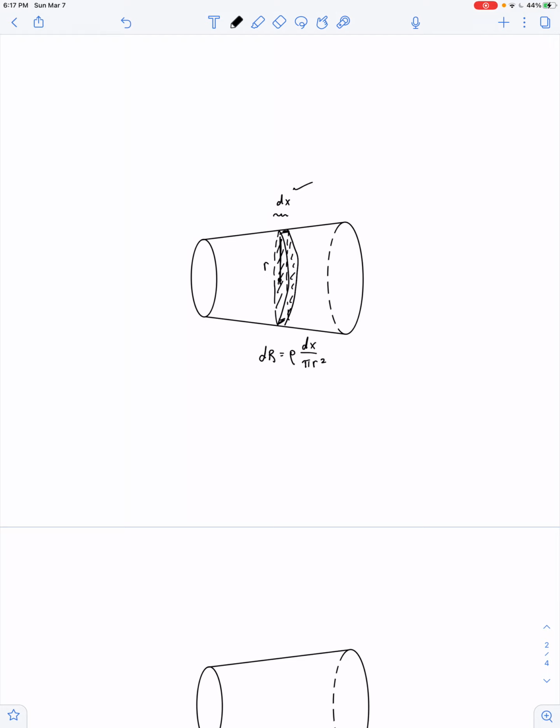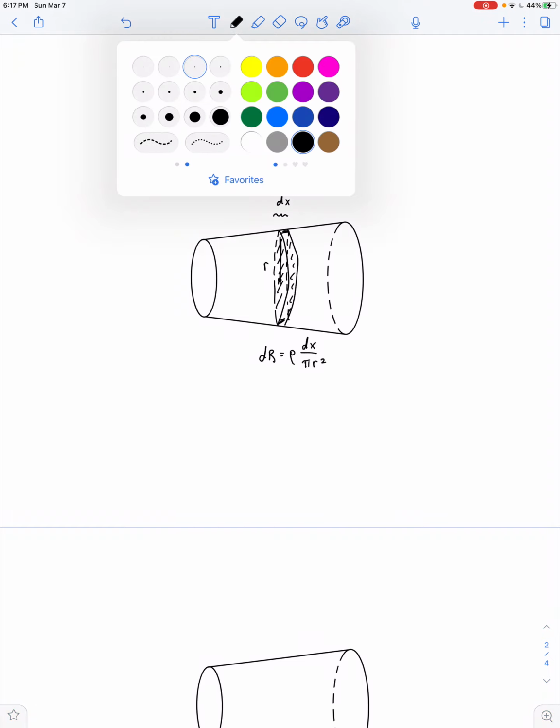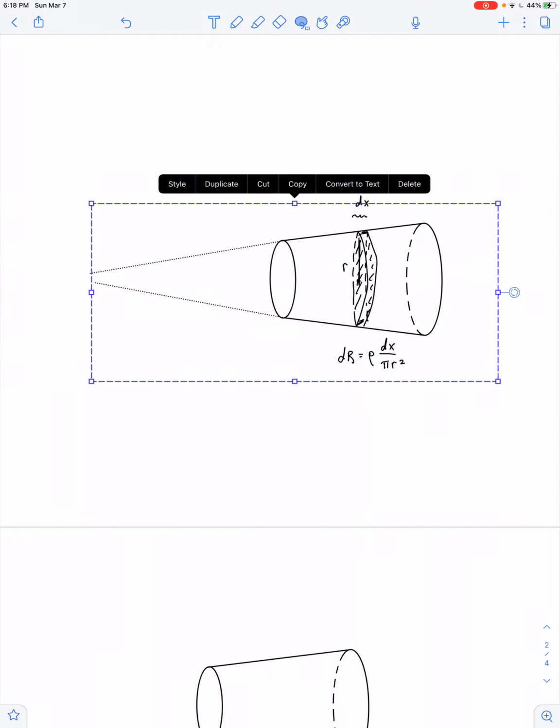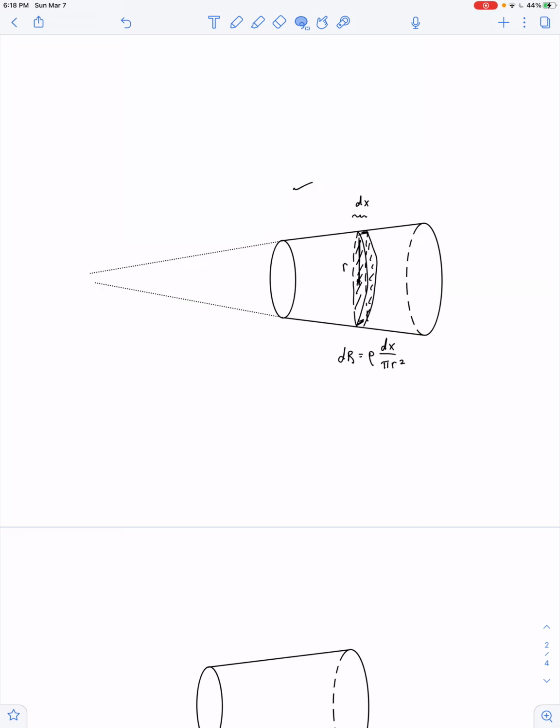Now wait a minute. We're referencing an x-axis. Let's show where the origin is. If I were to extend this line and this line, eventually they'll meet up. Let's try this again.